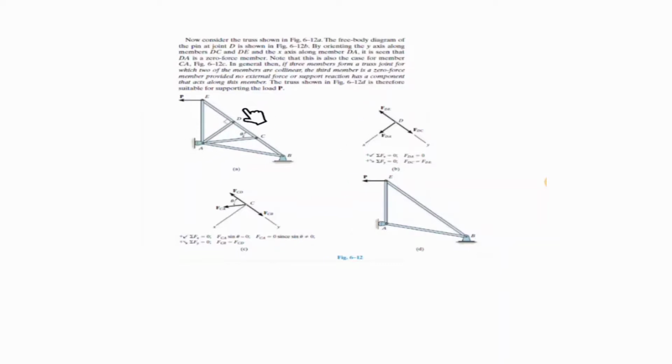One of the links is AD in this picture, and if you consider a joint like D, we can say these are the forces which are applied on the joint D, meaning that if I have a pin over here and I do the free body diagram for that pin, disconnect everything connected to that and put the corresponding force over there, I would have such an arrangement of the forces.